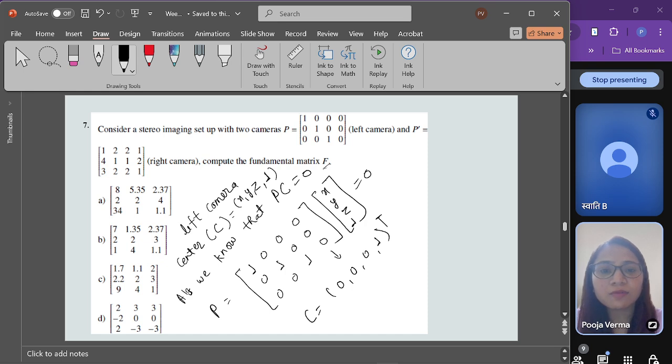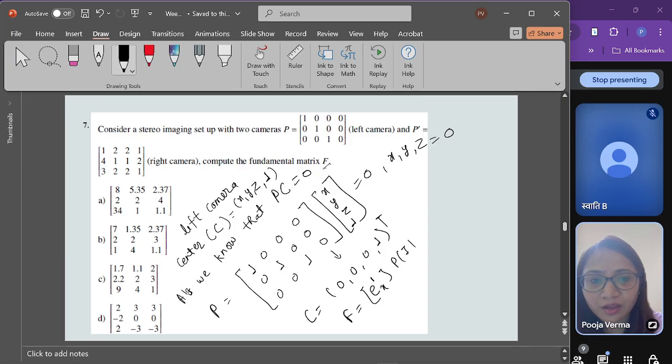Otherwise, if you solve it, you will get X equal to 0, Y equal to 0, and Z equal to 0. And the W for the homogeneous form, we have to take as 1. Okay.